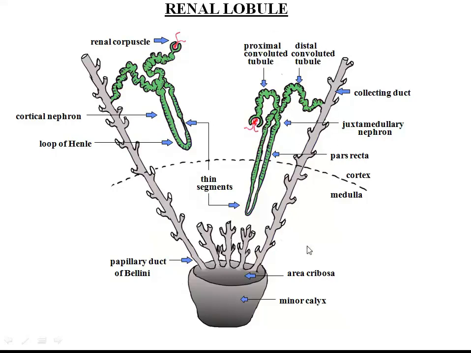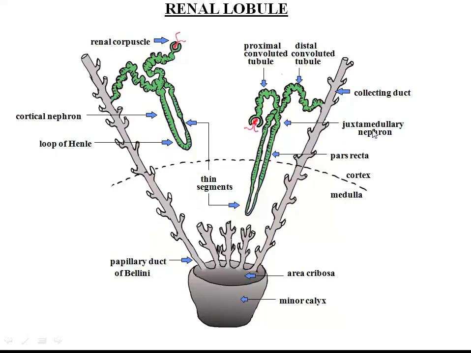You will see different types of nephron in a kidney on the basis of their location in cortex or medulla.